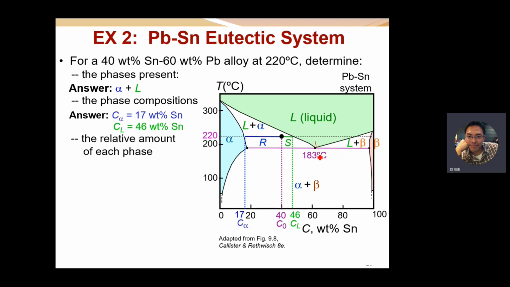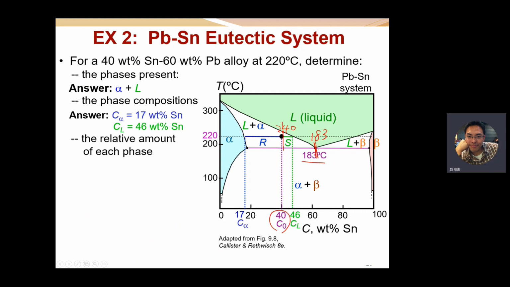Its melting point is 183. If we choose a different composition, say 40 weight percent tin, what's its melting temperature? It's right here, about 240, versus 183.